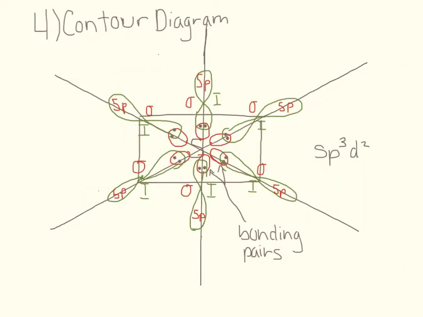Next, I am going to be drawing the contour diagram for the molecule. So first, what I did is that I drew the plane of the molecule and some lines going across, and this will give us a guidance of where everything should go. So sulfur is shown here in the middle. I'm going to rewrite that in red so it's better visible.